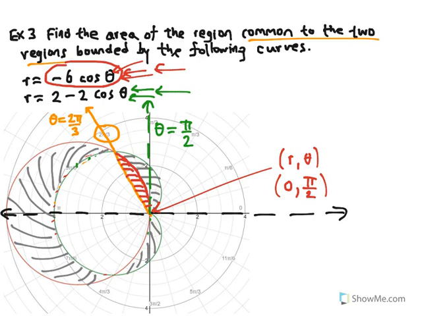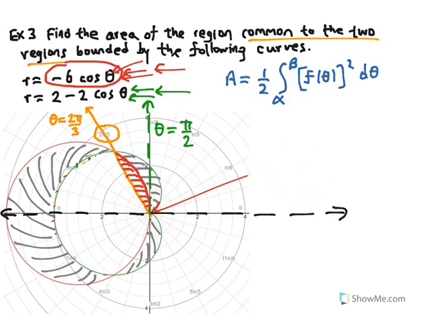So I can begin by writing a definite integral that would give me the area of that subregion, the red subregion. And of course, remember, as we've learned, how do you find the area of a polar region? You use this integration formula, 1/2 times the definite integral from alpha to beta of f of theta squared d theta.